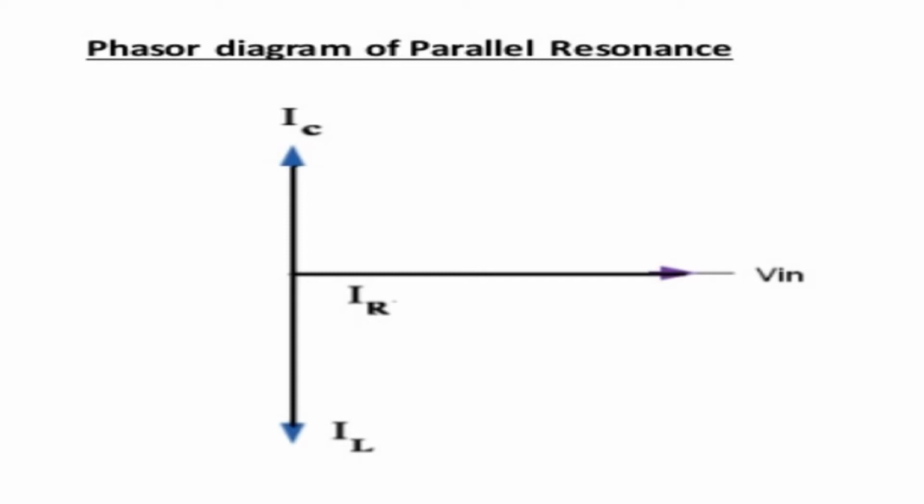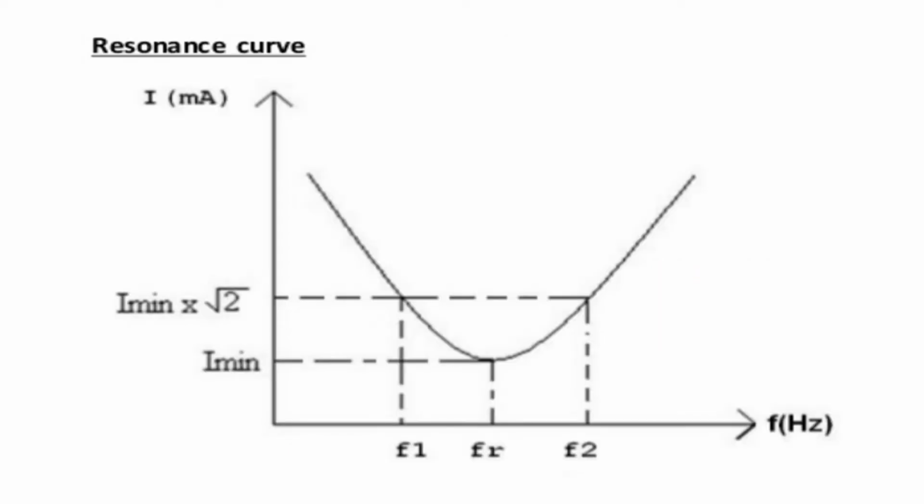The phasor diagram is shown here. In this diagram it is shown that current through resistance, the current and voltage both are in the same phase. The resonance curve is shown here.